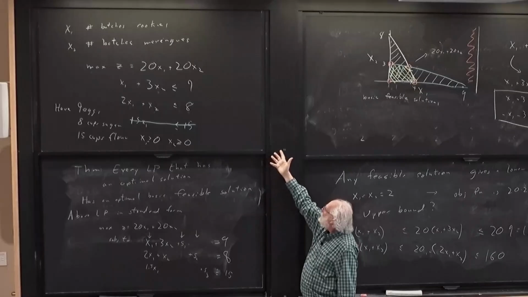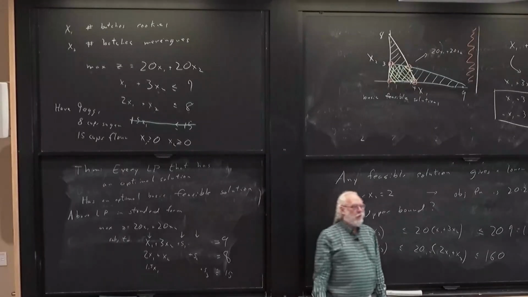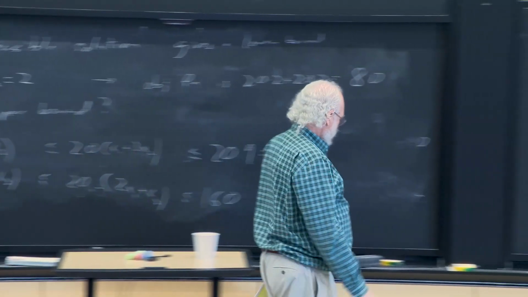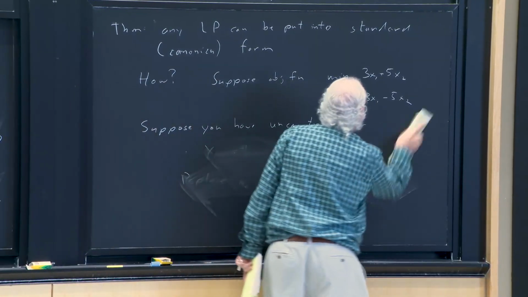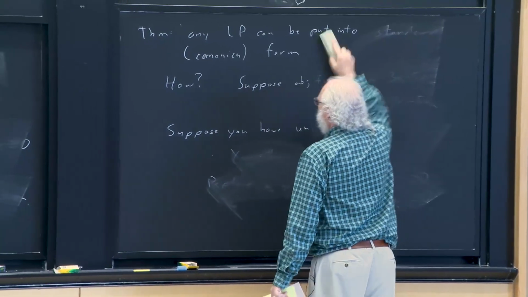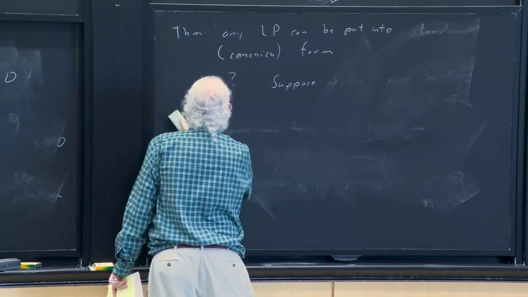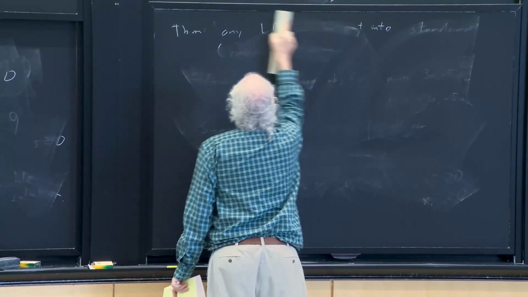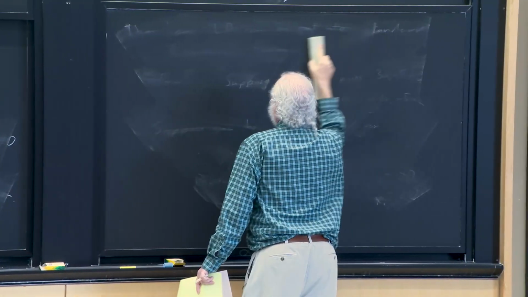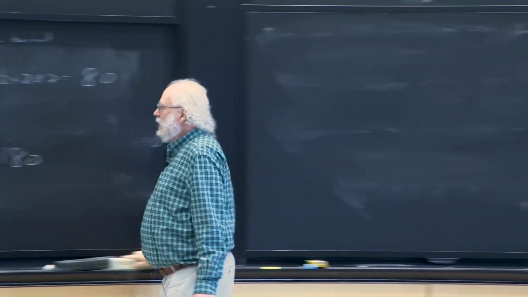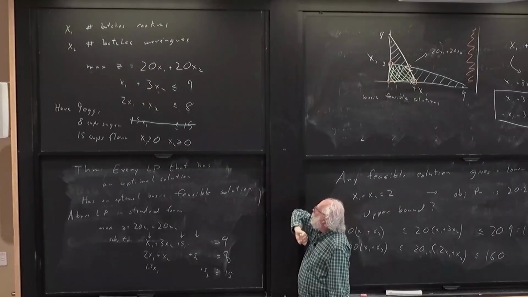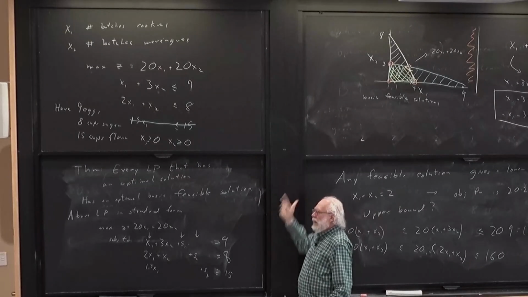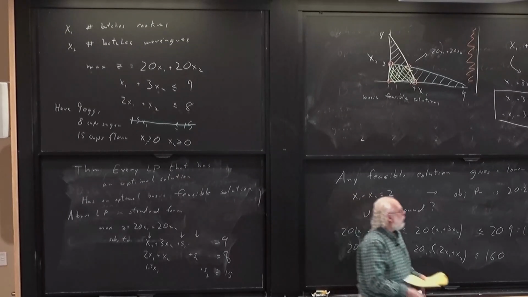And luckily, this linear program just happens to be in canonical form. So how do we do this? Well, what we want is a combination of these constraints, which will give us the best upper bound possible.